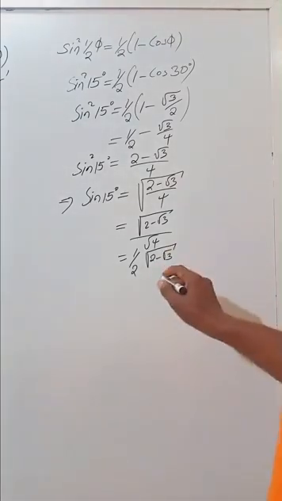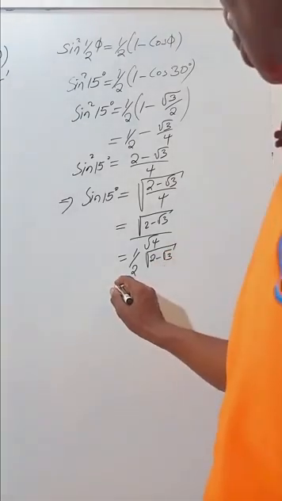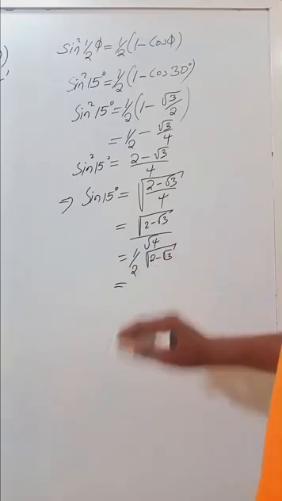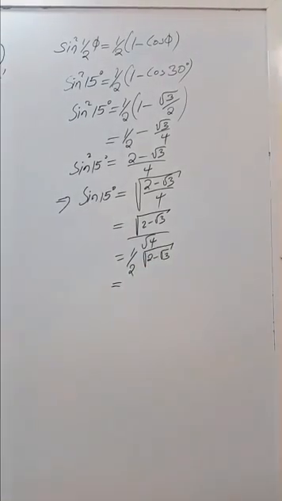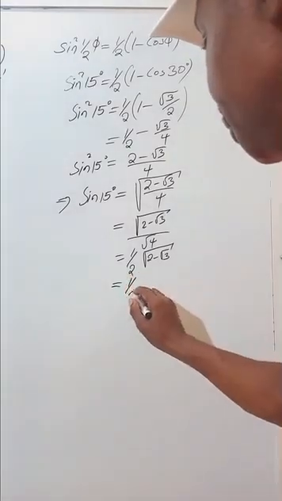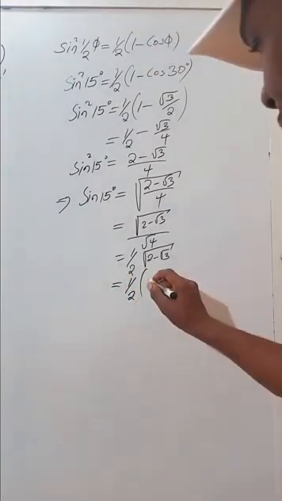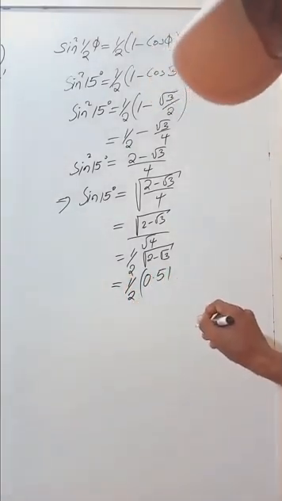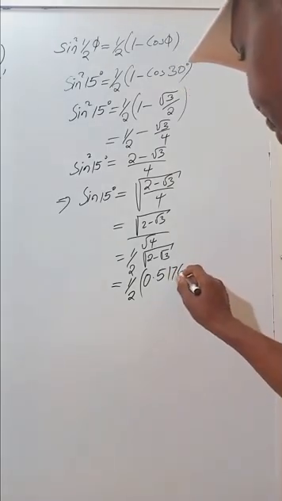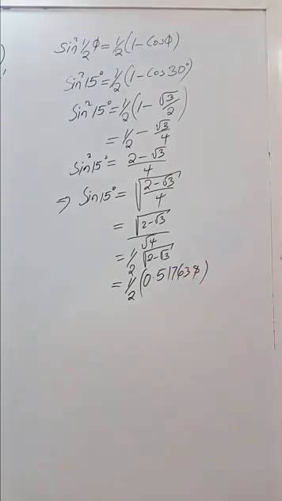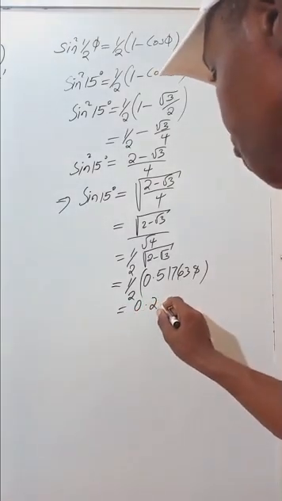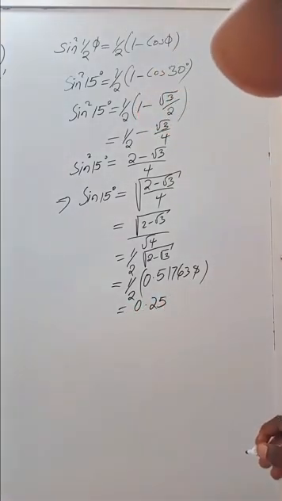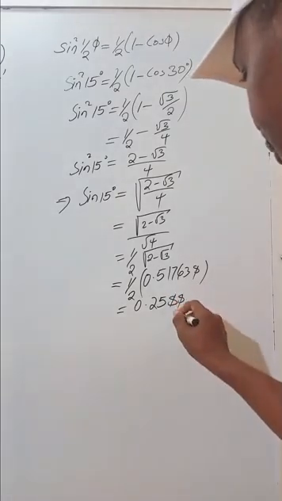Okay, let's use a calculator to get the exact value for this. So here it will be a half times 0.517638, of which, working out that one, gives us 0.2588.